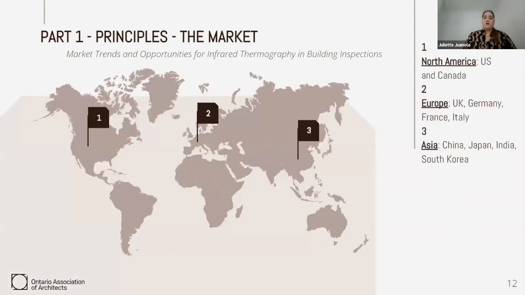So when talking about the market, there are 3 major actors, which are North America, Europe, and Asia. These have been pioneers in the industry. They have invested a lot of money and time in research, especially in thermography, artificial intelligence, and drones.